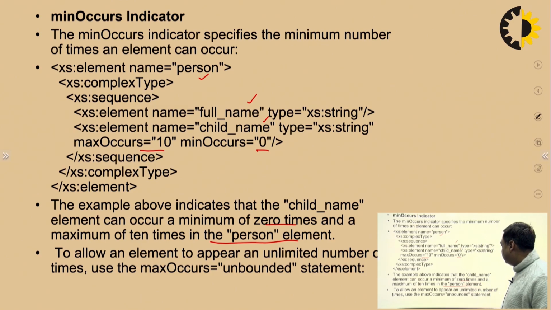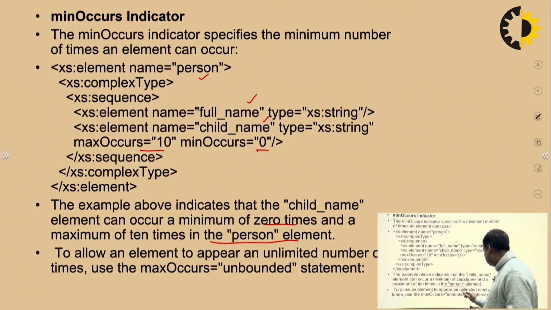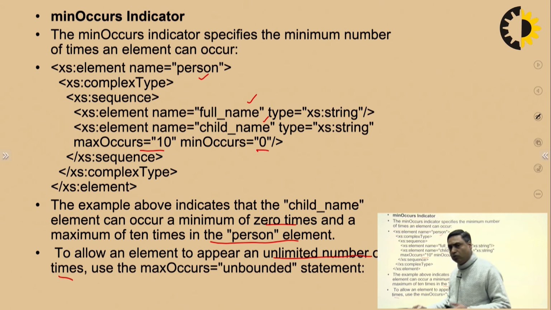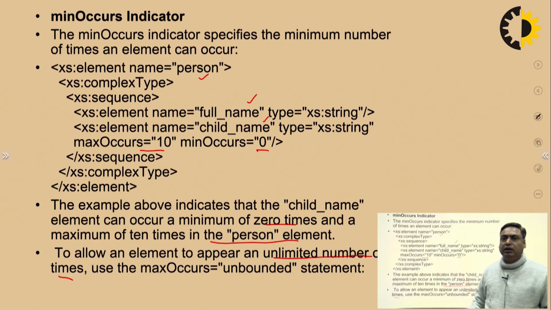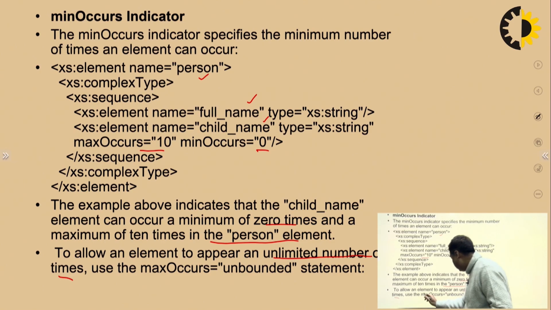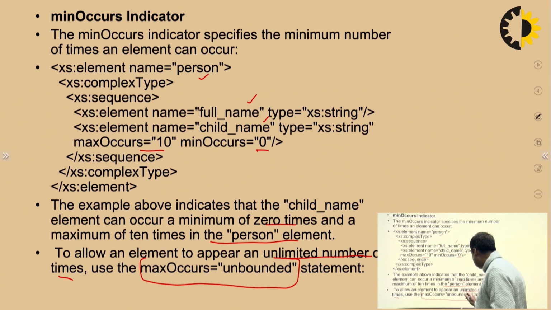To allow an element to appear an unlimited number of times, this is a new thing. There is no bound like 10, 20, 30, unlimited times. So we can set max occurs equal to unbounded.